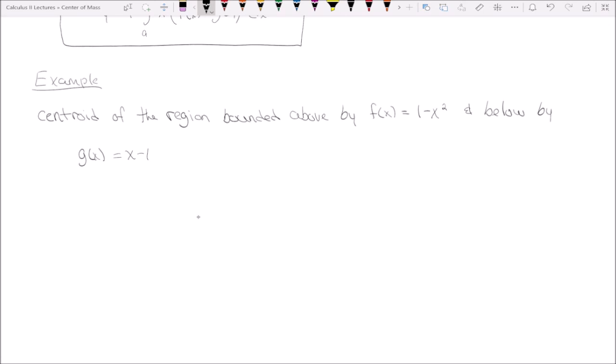Well, the first thing we need to do is determine our interval, so we need points of intersection. So we set f of x equal to g of x. We get 1 minus x squared is equal to x minus 1. So x squared plus x minus 2 is 0. And it is a fairly straightforward exercise to show that as a solution, we get x is either negative 2 or 1.